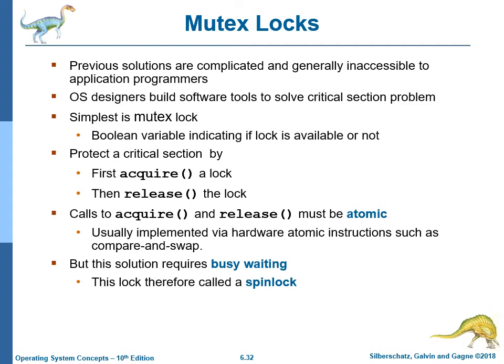But the disadvantage of the mutex lock is that it requires busy waiting, where while a process is in its critical section, any other process that tries to enter its critical section must loop continuously in a call to the acquire function. So the problem is that the mutex lock looks simple, but the issue is that it causes the process to keep busy waiting.